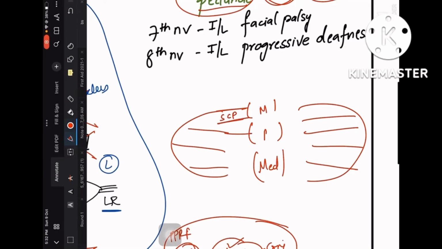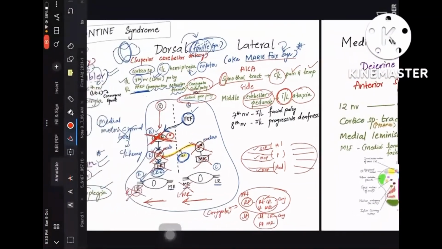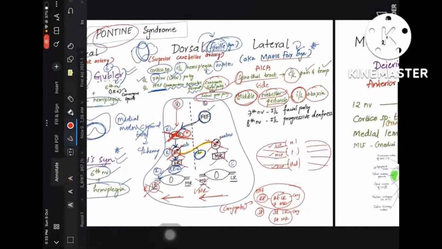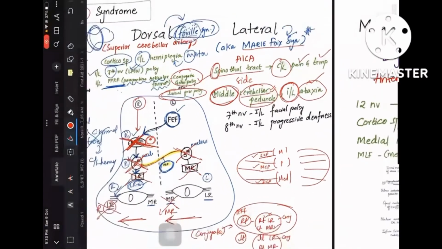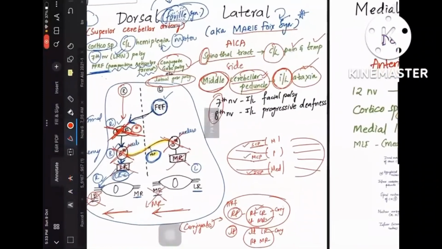In between the pons and the cerebellum, it is the middle cerebellar peduncle, and for the medulla and cerebellum, it is the inferior cerebellar peduncle. So there are three peduncles: superior, middle and inferior cerebellar peduncle. Since we are discussing pontine syndromes here, the middle cerebellar peduncle is involved. That leads to ipsilateral ataxia. And the 7th and 8th nerves are also involved, because laterally you have the 7th and 8th.